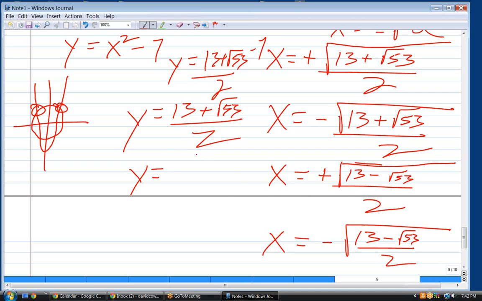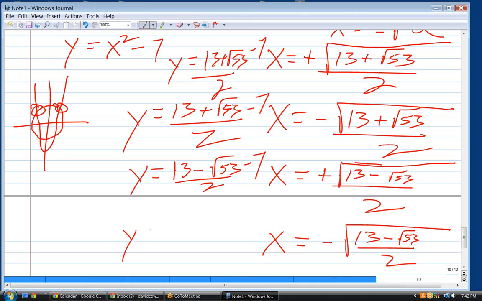When I square this one, I get 13 minus root 53 over 2, minus 7. And this one, I don't even have to do the math. I know it's the same thing, just because I know it is symmetrical, and we're going to have two y-coordinates that are the same.